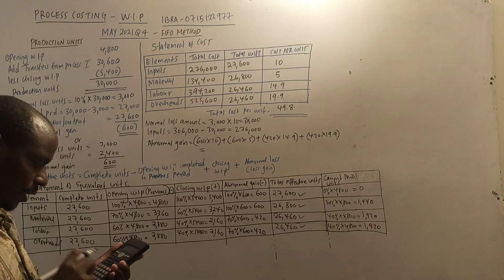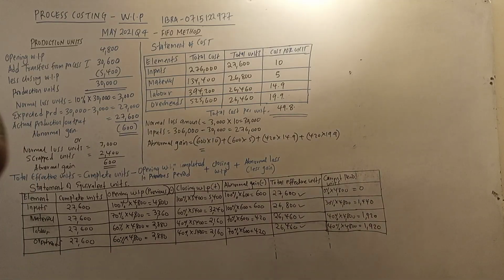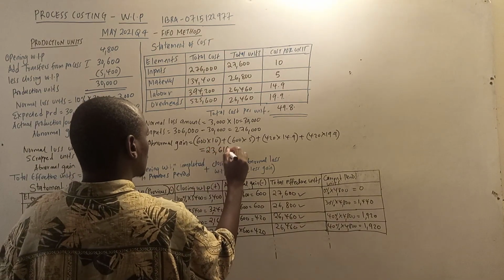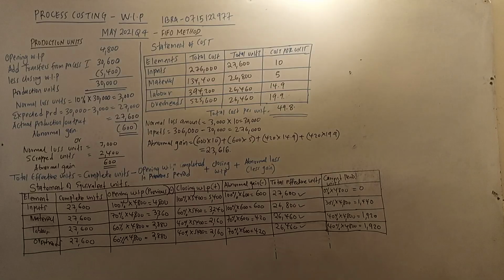So how much will it be? 600 times 10 plus 600 times 5 plus 420 times 14.9 plus 420 times 19.9. I'm getting 23,616.